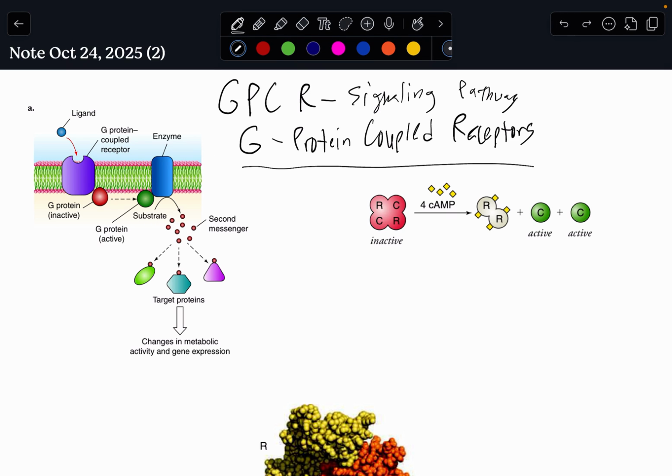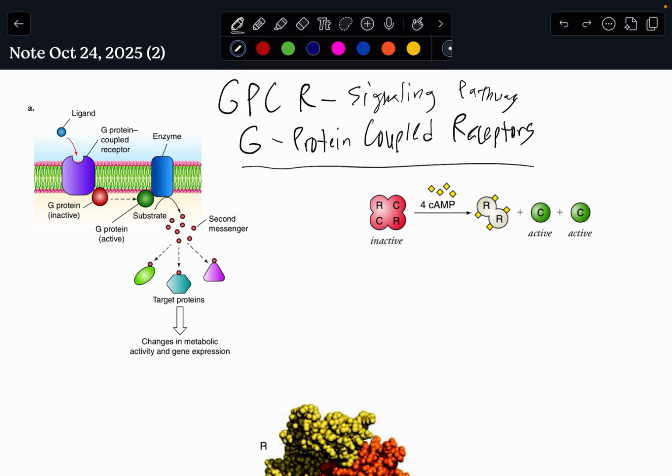Okay, so what we see is we have a ligand and then we have a receptor. The ligand will bind to this G protein coupled receptor. When that happens, the G protein coupled receptor undergoes a conformational change, meaning its shape changes a little bit.